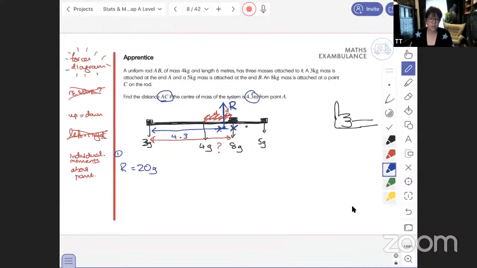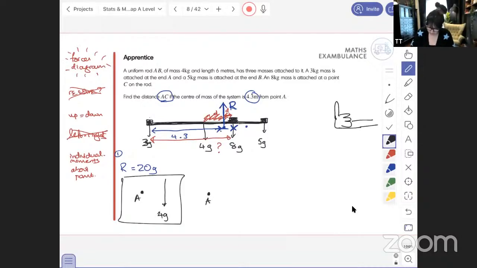Where would you like me to do moments about? You can have A, B, C, D, or X. I can do moments about wherever you like. I'll just take the first one that comes, A. Right, I'm doing moments about A. Here's A. A, line of action of force, moment number 1. A, line of action of force, moment number 2.